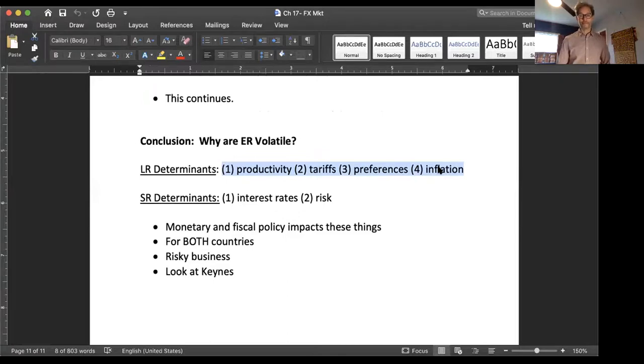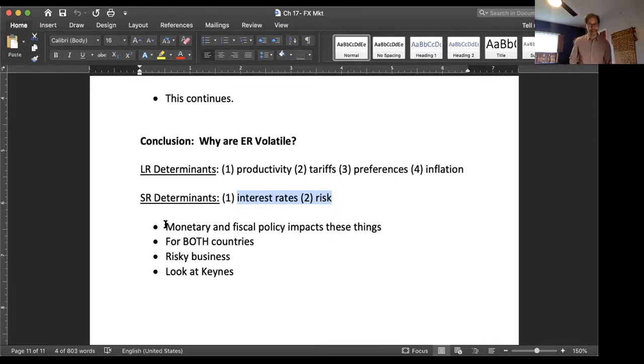They're also impacted by short-run things like risk and interest rates. Monetary and fiscal policy impact these things, in both countries. And so there's so much that goes into exchange rates that they can be very complicated and can have big, big swings on a daily basis.